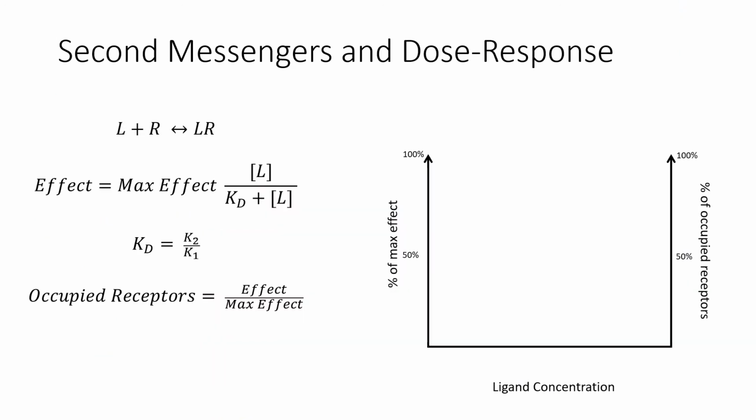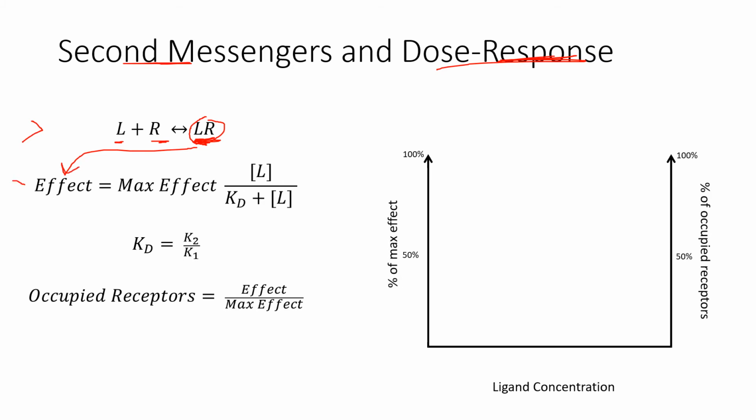So there are implications of having second messengers on the dose-response relationship. And so if we assume that agonist receptor binding is reversible and proportional to the observed effect, we get three main equations. So in this first equation, the binding of a ligand to a receptor will lead to an effect, where the effect is defined as LR for now, where this is the bound ligand to receptor leading to effect.